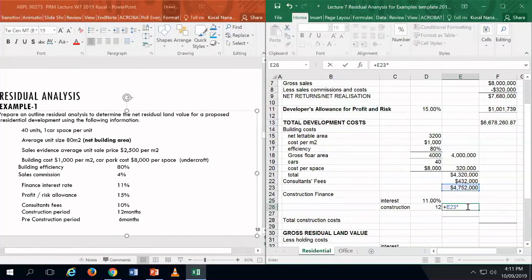And what's the interest rate? 11% per annum, right? So we don't have any problem because the construction period is all for 1 year. If it is 2 years, we have to multiply by 2, right? But as a rule of thumb, the 50% rule applies for the construction finance. So we can multiply by 0.5 or divide by 2. Either way is fine. Whatever is easy for you. So that's the construction finance.